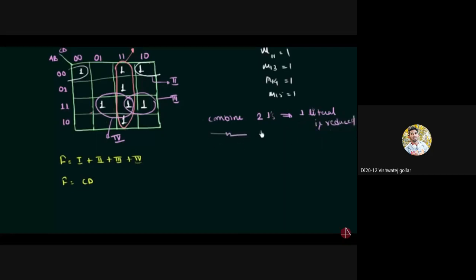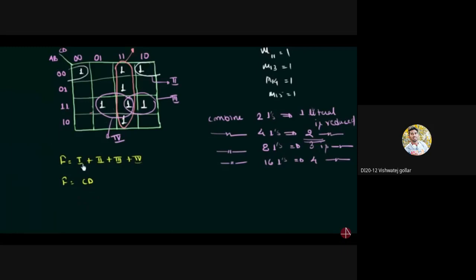When you combine 4 ones, 2 literals are reduced. Similarly, when you combine 8 ones, 3 literals are reduced, and when you combine 16 ones, 4 literals are reduced. In this, we have combined 4 ones, and there are in total 4 variables. So by combining 4 ones, 2 literals are reduced, and those 2 literals are AB. So we are left with CD.